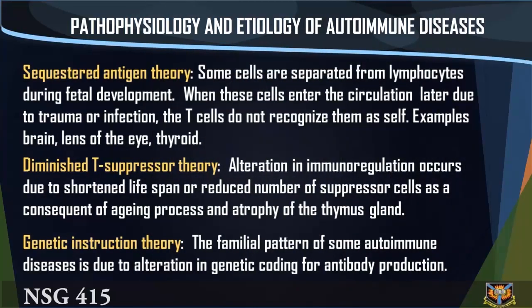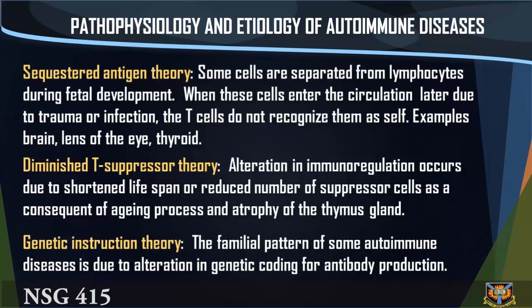D. Sequestered antigen theory. Some cells are separated from lymphocytes during fetal development. When these cells enter the circulation later due to trauma or infection, the T cells do not recognize them as self. Examples: brain, lens of the eye, thyroid.